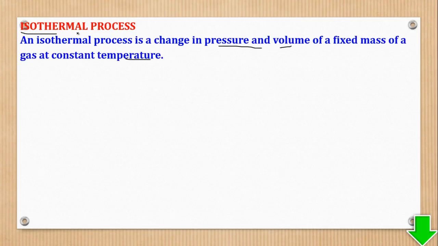So when they say isothermal, it means pressure and volume can change, but temperature must remain constant. Therefore, an isothermal process is a change in pressure and volume of a fixed mass of a gas at constant temperature. So for isothermal, temperature must be constant.